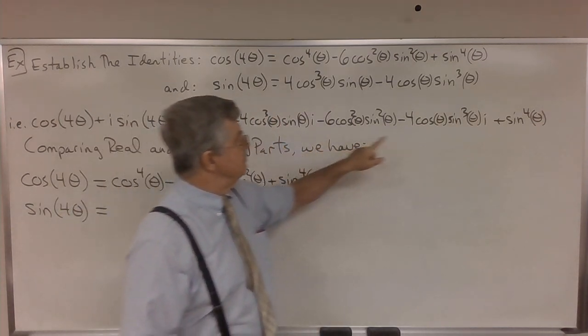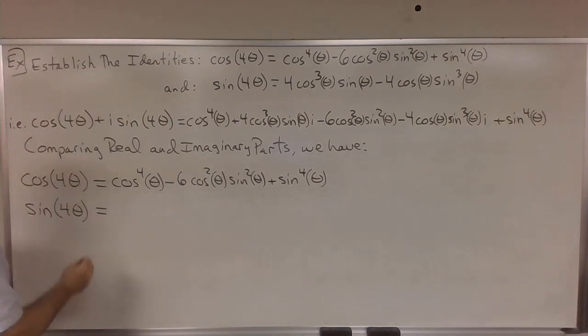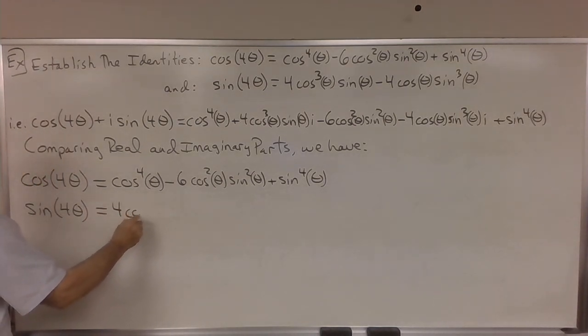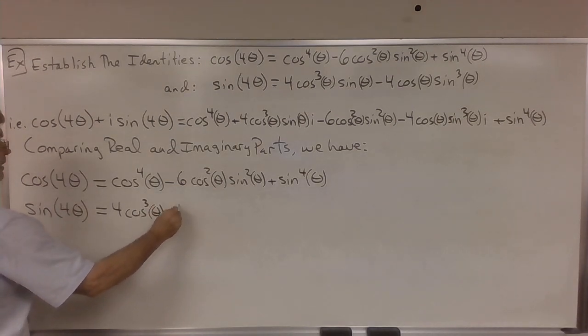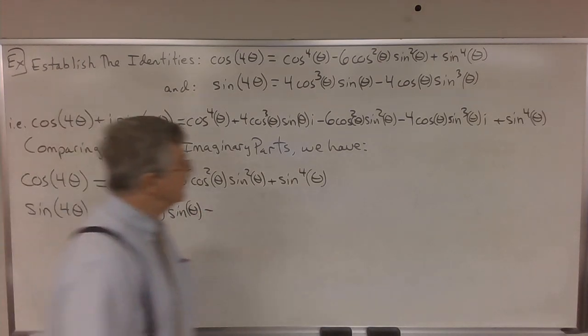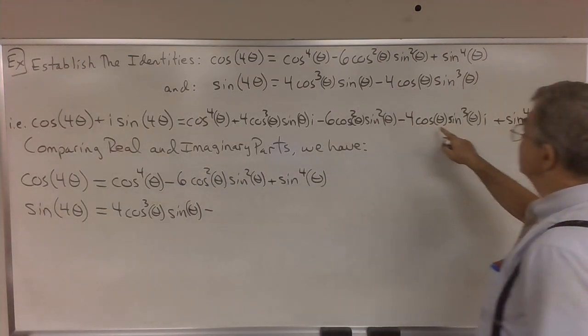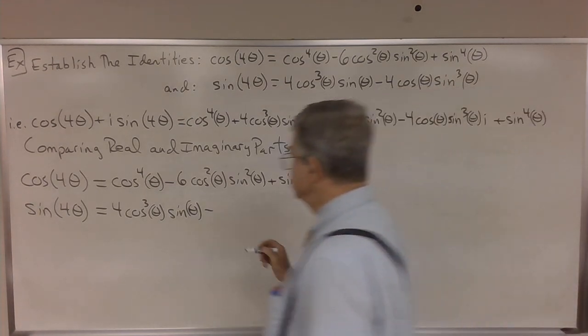So these two terms provide the imaginary part on the right, 4 cosine cubed theta sine theta minus 4 cosine theta sine cubed theta.